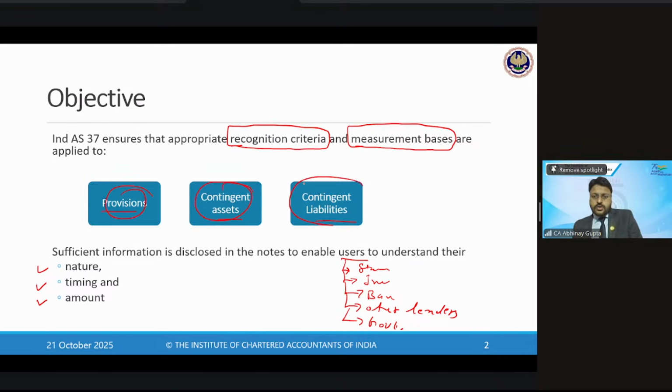So how these items are affecting the financial statements or the financial position of the company, what is the nature of these items, timing when they are going to accrue or arise to the company, and the amount, by what amount they will accrue or arise to the company, right? So these are the three items which are being disclosed by way of these disclosures which the standard has asked for, right? So that's the objective of the standard, correct?